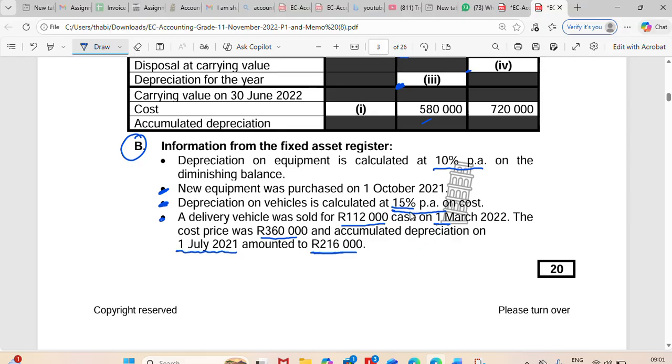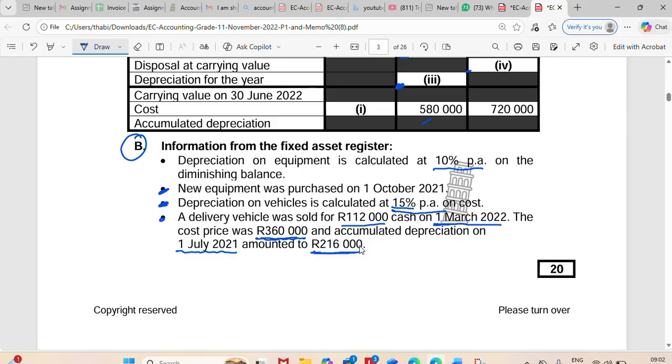We disposed a vehicle and then we received how much? 112,000 cash. When? 1st March 2022. How much is the cost price? 360,000. At the beginning of the year, what do we have? We have the accumulated depreciation of 216,000.